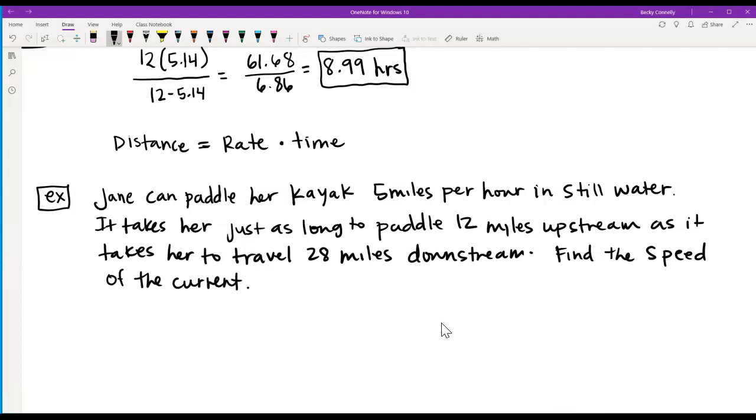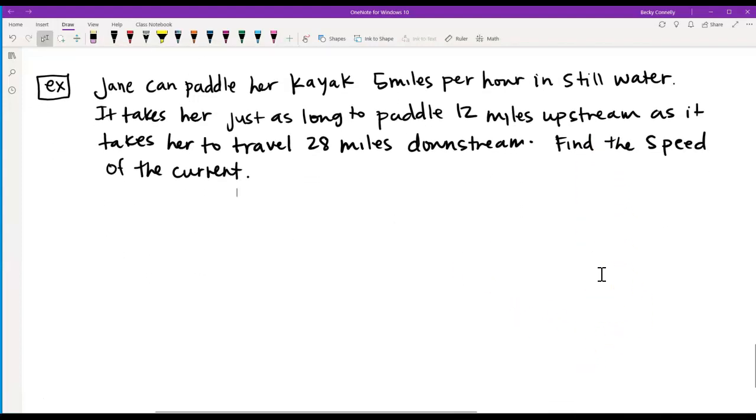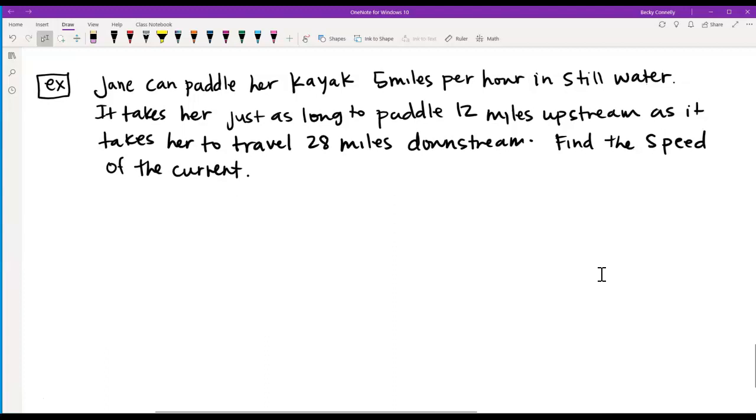Usually on something like this, I like to set them up in charts, just to organize the information. It's up to you whether you think charts are going to be helpful for you or not. But we know that we're given information about what's happening when she goes downstream, and also what's happening when she goes upstream.